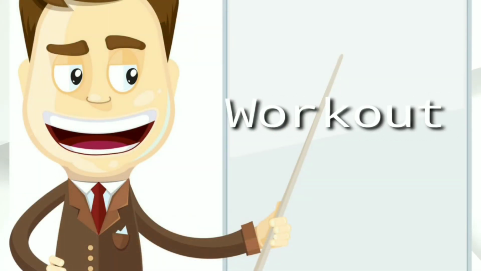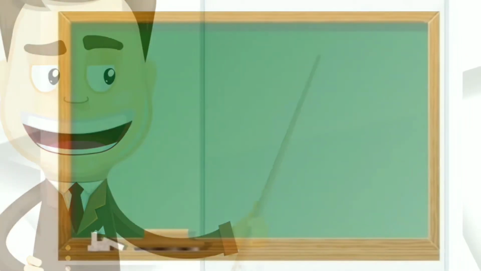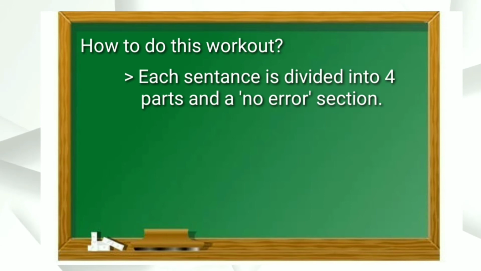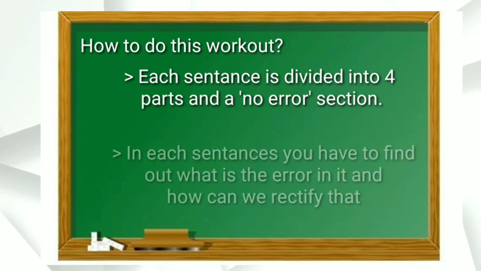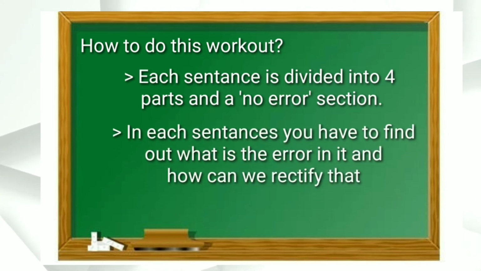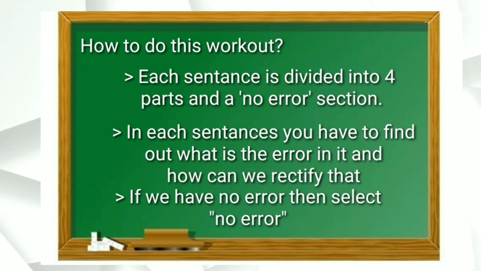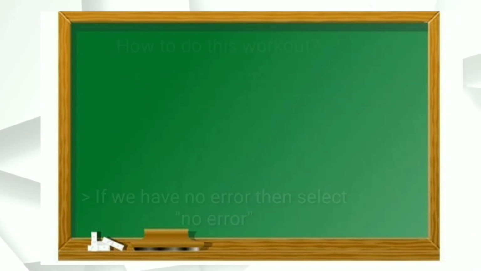In this session, you will have some questions, and in each question, the sentence is broken down into 5 options. I'll show an example. In these questions, we have to find out which part of the sentence has an error and select the appropriate option from the question. If a sentence is free from error, select no error.